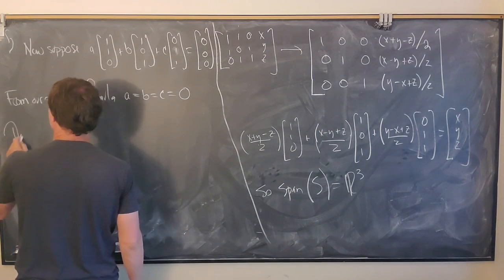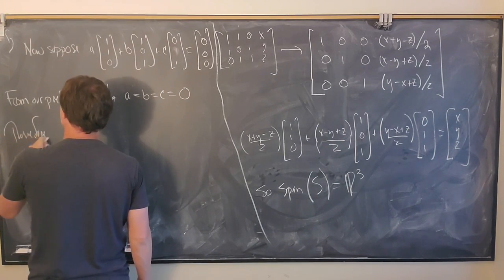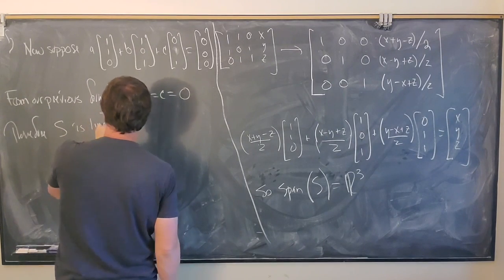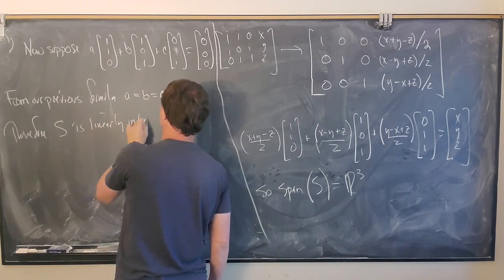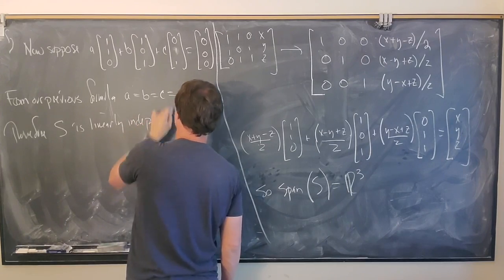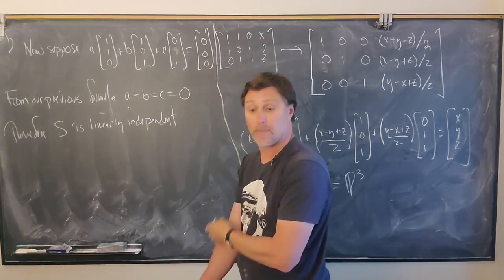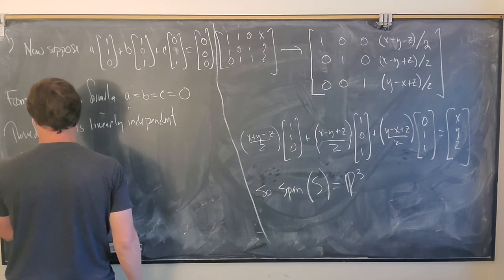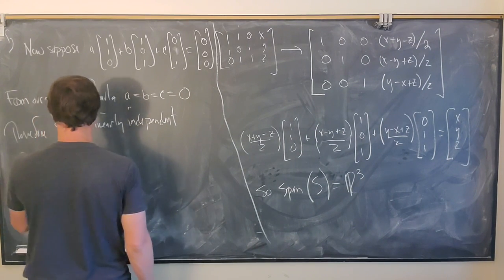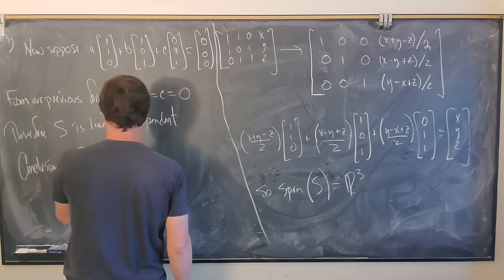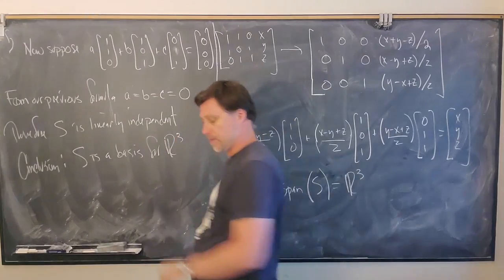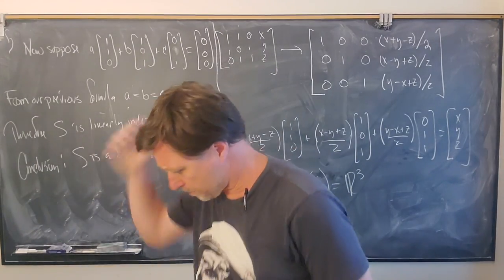Therefore, that set S is linearly independent. So now that tells us that S is a basis. Right, so conclusion, S is a basis for R3.